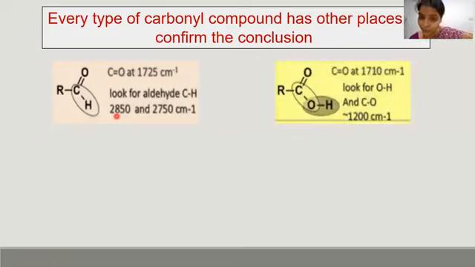In case of ketone, the carbonyl is similar, C double bond O absorption present at 1710 centimeter inverse. In case of acid, the OH band shows absorption near about 3600 centimeter inverse.